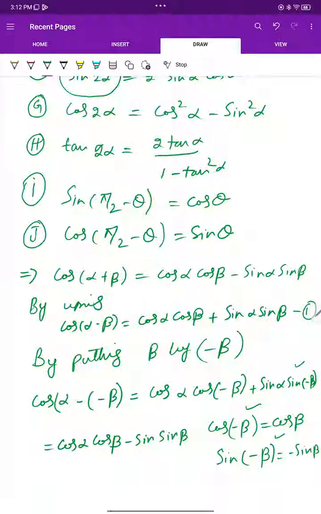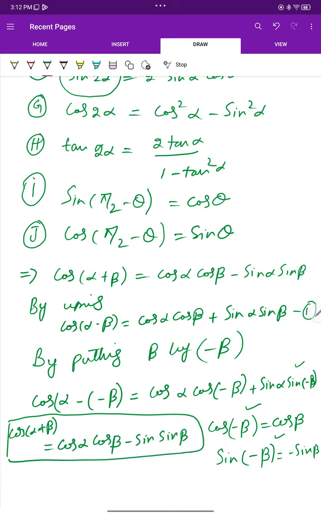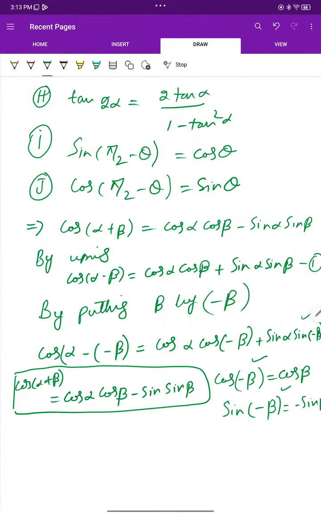So just by replacing and changing the sign, we got another identity: cos alpha plus beta is equal to cos alpha cos beta minus sin alpha sin beta. You can do it step by step to prove all these things, just putting in the values.